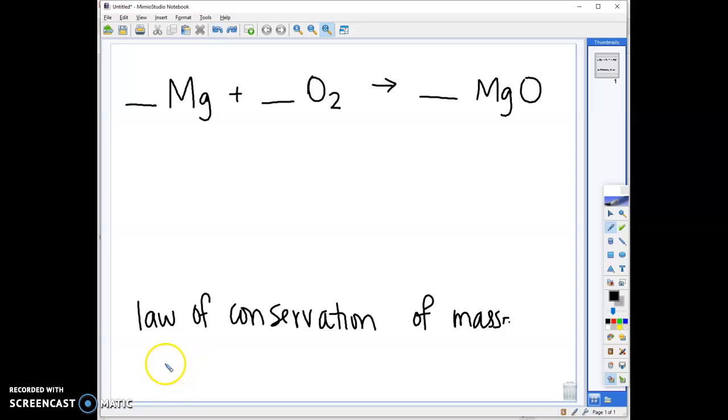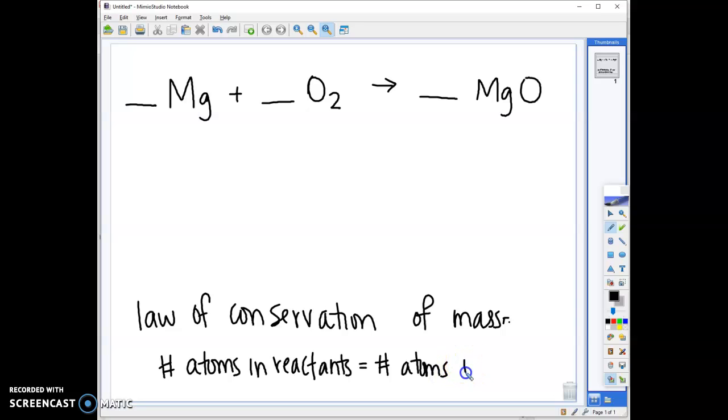So basically what this means is that the number of atoms in our reactants has to equal the number of atoms in our products. So whatever we have on the left on our reactant side, we also have to have on the product side.